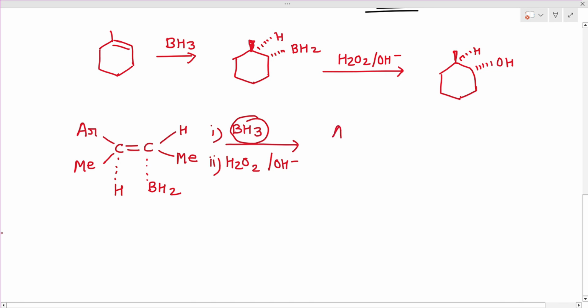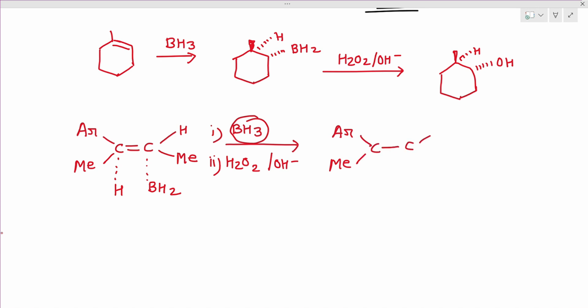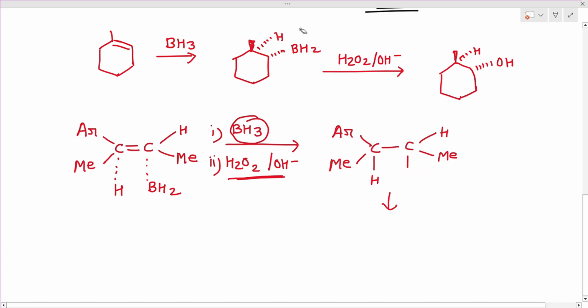So firstly we are getting Ar, Me, C, C, H, Me, and then here BH2 and here hydrogen. And then we are treating it with H2O2 and OH minus, so that this will change by OH. Now we can change this with OH so that we are getting this type of product.